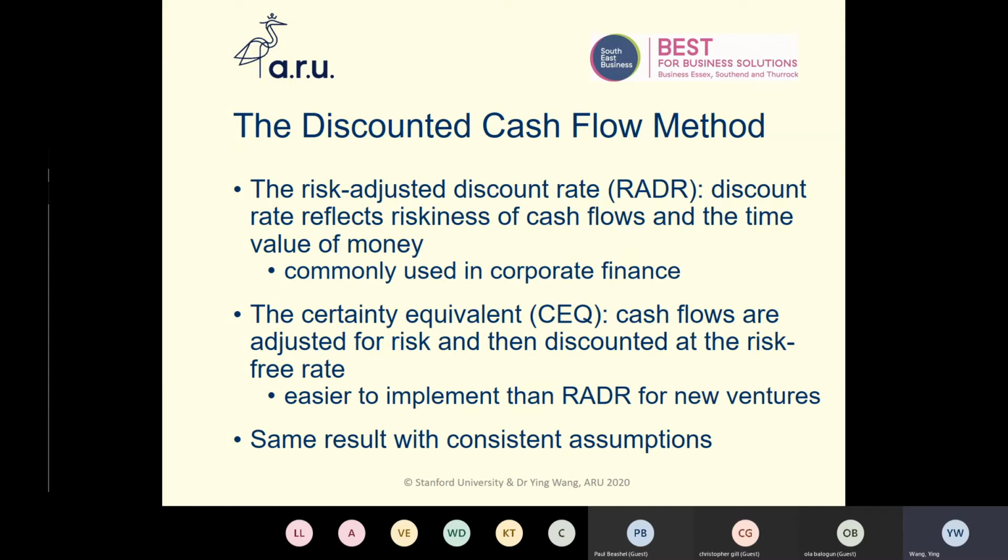The certainty equivalent method is where you will adjust for risk in cash flow and then discount it at a risk-free rate. So for new ventures, it's easier to implement the certainty equivalent method rather than the risk-adjusted discount rate.